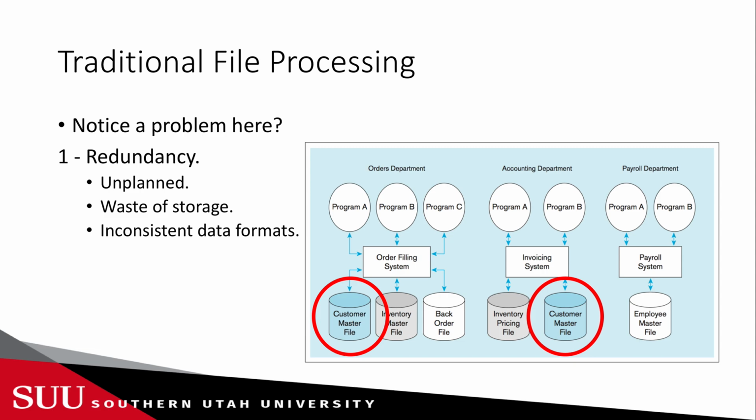So we need to make sure that these formats are the same. And we'll have different names maybe. Same thing, monthly and annual salary will both refer to this salary. And maybe some values having different references. So all of these are going to be problems with redundancy in traditional file processing systems.